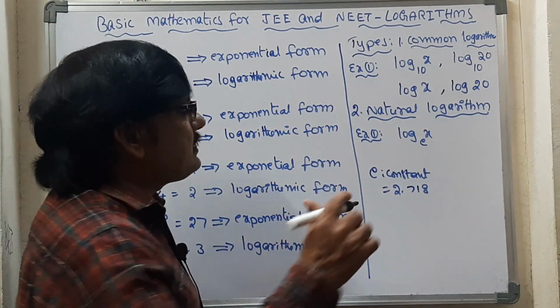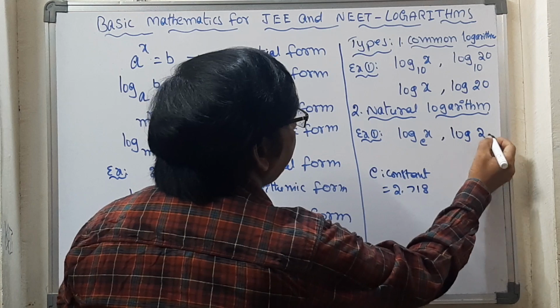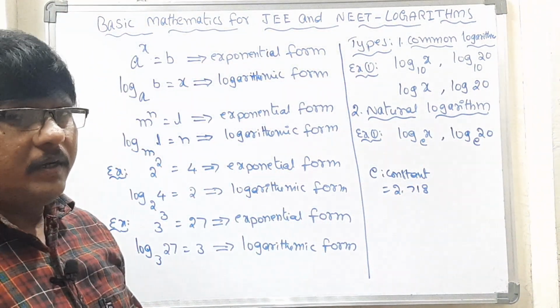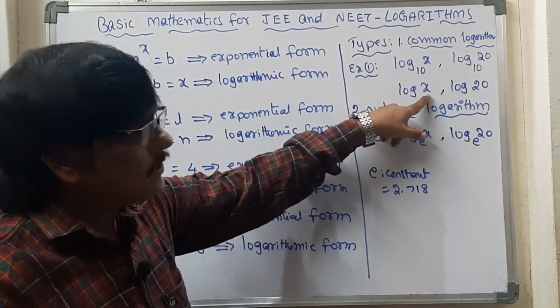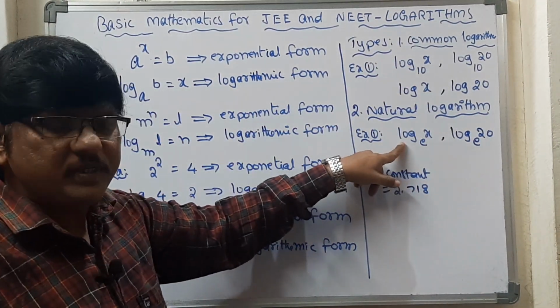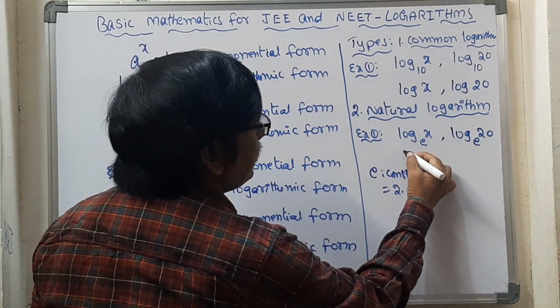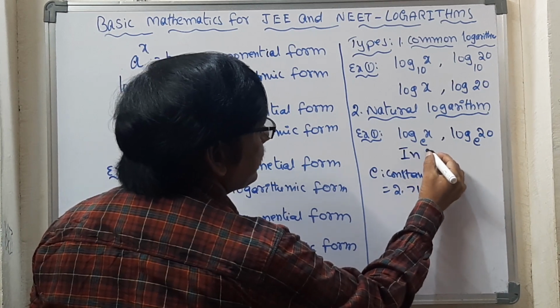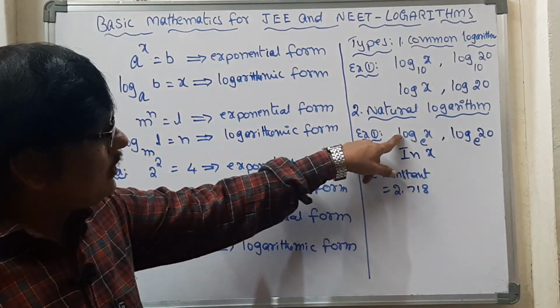One more example: log 20 base e can also be written. So here we have written log x base 10 as log x. Is there any way to express this one? Yes, there is one way. Sometimes we can write it as ln x. This expression is the alternative for this one.